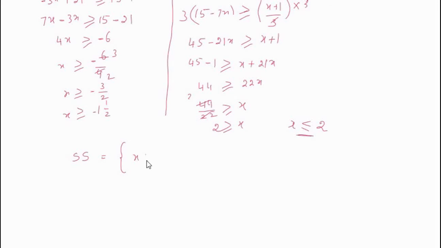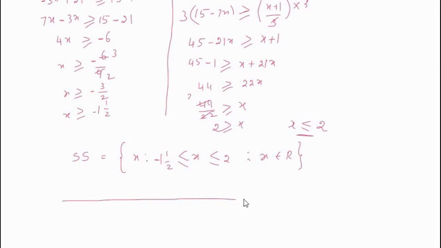So the solution set here is x such that x is greater than or equal to minus 1 by 2, and x is less than or equal to 2, and x belongs to R, that is real number. So this is the entire solution set. Let us see how to represent this one on number line.